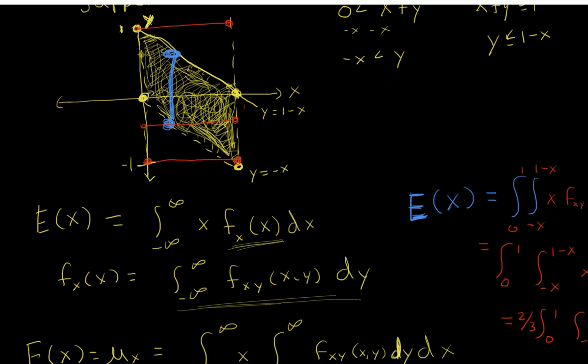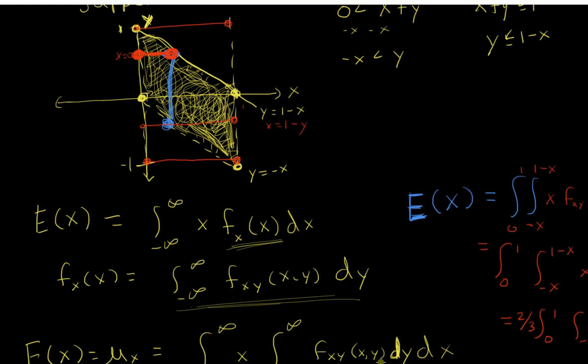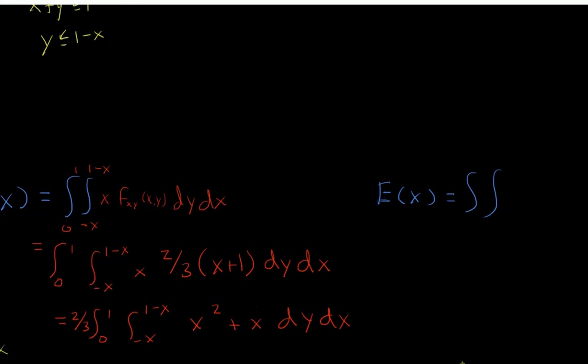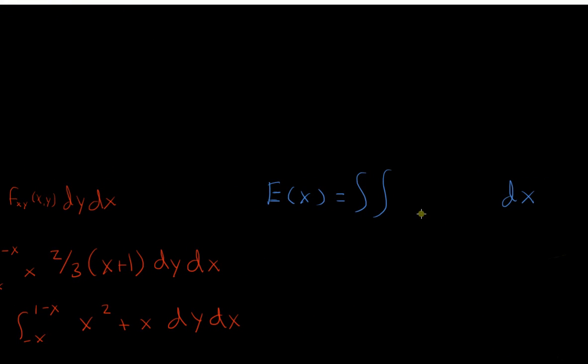An interesting thing happens here. Up top here, x is between 0 and, what's this line? If it was written with regards to x, subtract y from both sides. So x is going between 0 and 1 minus y.